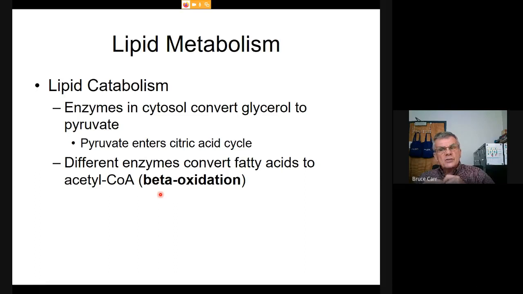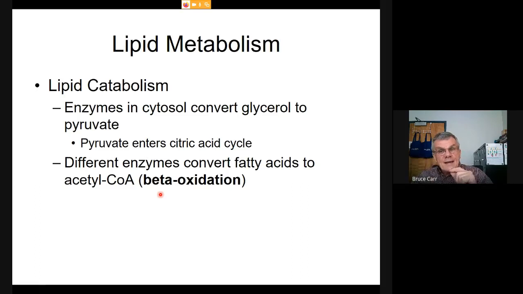Now that acetyl group, 2 carbons, how would that relate to a chain of 18? Well, an 18 carbon chain would yield you 9 acetyl groups. So one of those fatty acid chains will run the Krebs cycle 9 times around, compared to the twice around for a glucose.